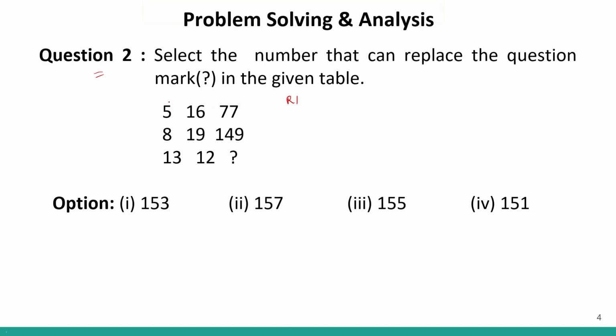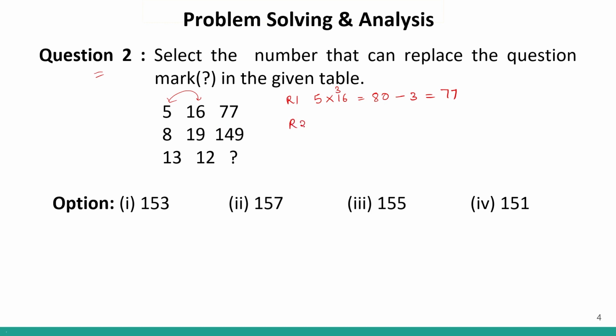In row 1, if I multiply 5 and 16, I should get, how much will I get? This will be 3 carry and this will be 80. Now if I subtract 3 from 80, I get 77. Correct? Let us check if the same logic is followed in row 2 as well.